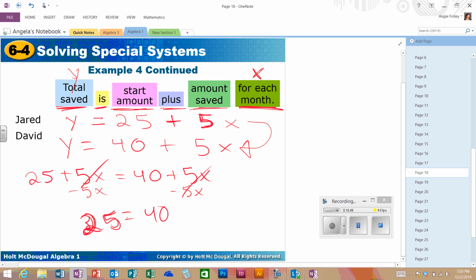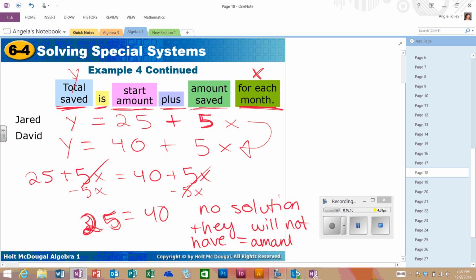So that means this is a word problem. They wanted to know when will their accounts have the same amount of money. Well, if we can't get a solution, that means it's no solution. They will never have the same amount of money if they keep going at this rate. So they will not have equal amounts ever, assuming they go at this rate.